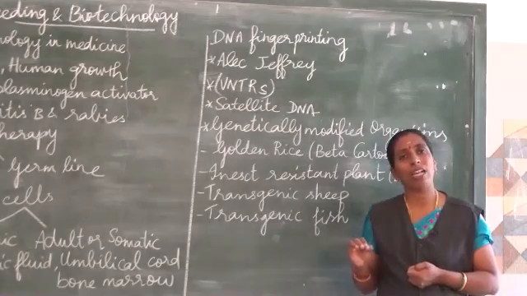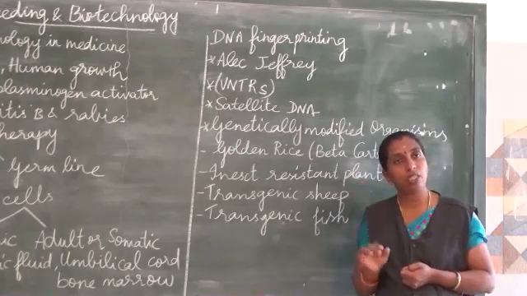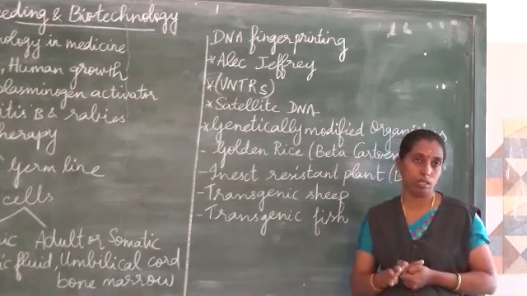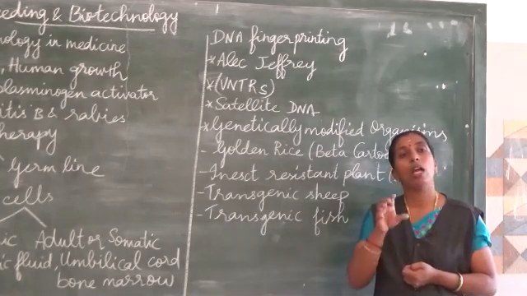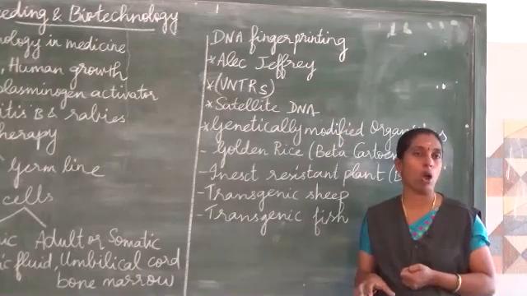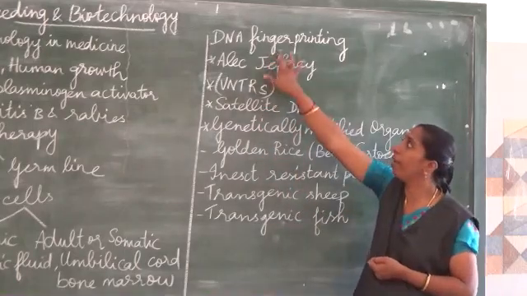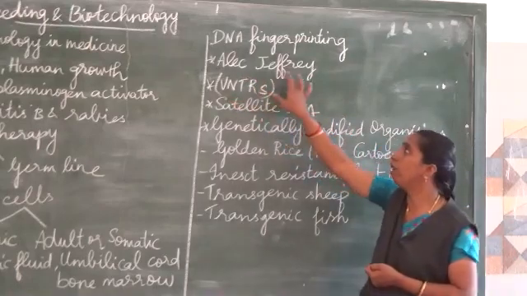All the human organisms in the world are different. Their genes are different. The DNA is different. Only for identical twins, the genetic material will remain the same. Using this concept, DNA fingerprinting was first introduced by Alec Jeffrey.